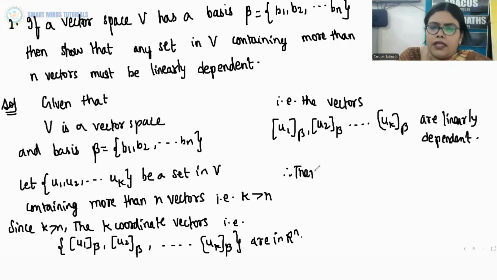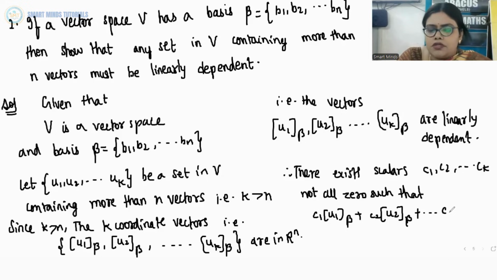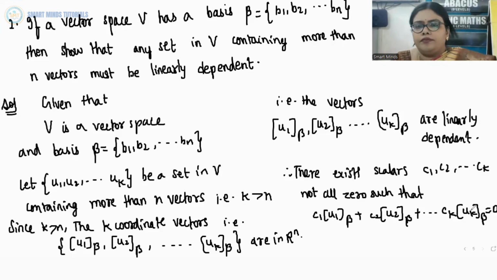Therefore, there exist scalars C1, C2, so on up to Ck, not all zero, such that C1 into U1 beta plus C2 into U2 beta plus so on up to Ck into UK beta is equal to 0. Okay, this is the condition taken whenever elements are linearly dependent.